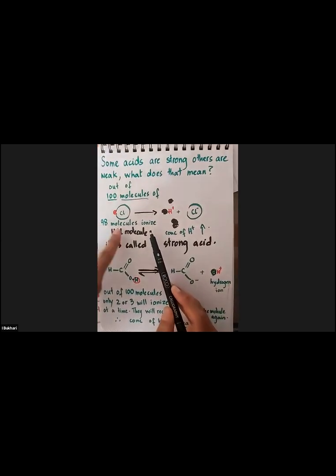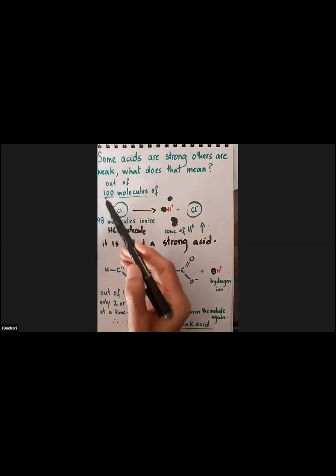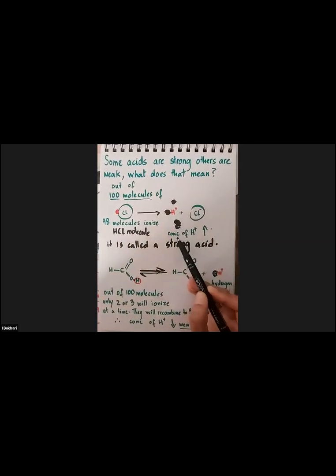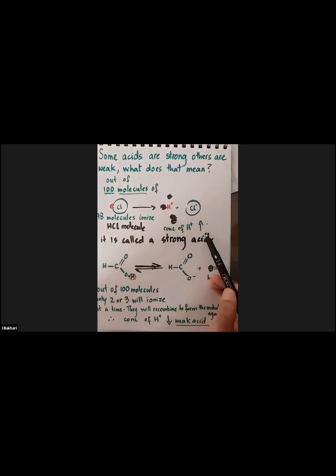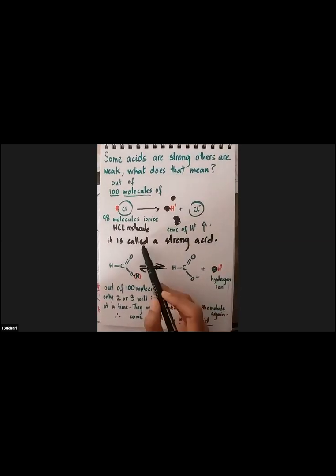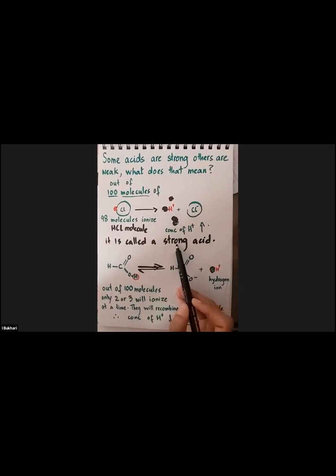The rest of the 98 of them split, they dissociated into hydrogen ions and chloride ions, right? So that means the ratio is pretty big. That means almost all of them ionized to give hydrogen ions. So the concentration of hydrogen ions must be pretty high. That makes an acid a strong acid.